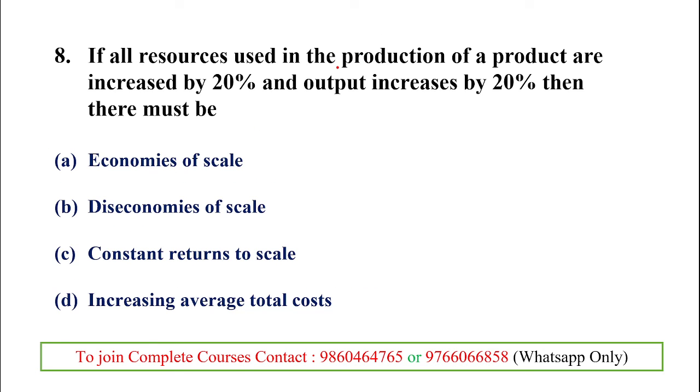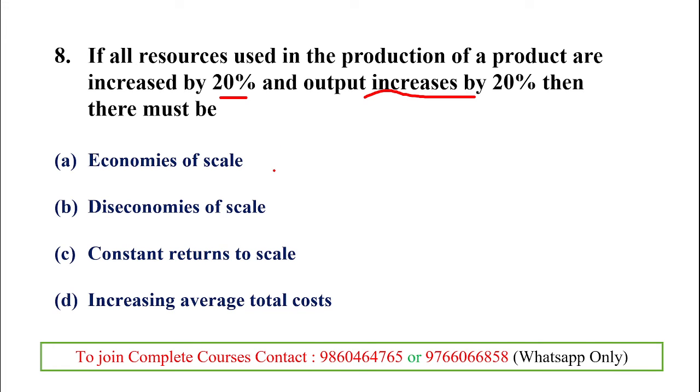And the next question: in the production of a product, the input, or the resources used, is increased by 20%, and the output also increases by 20%. What will this be called? Is it economies of scale?